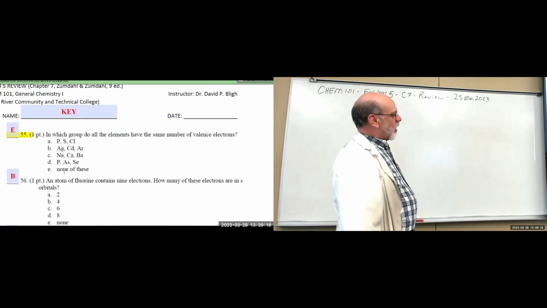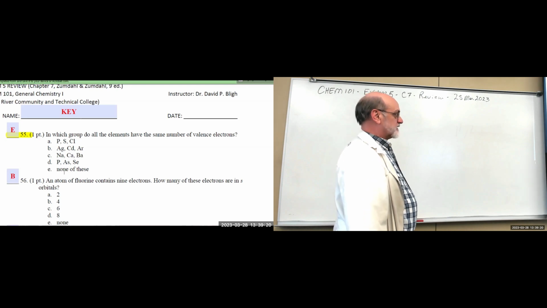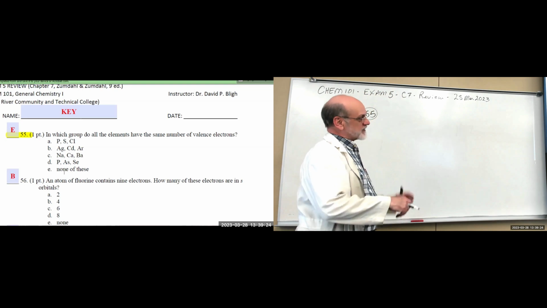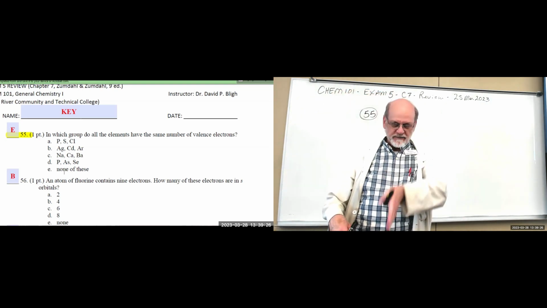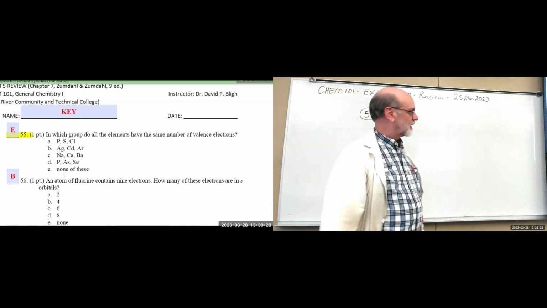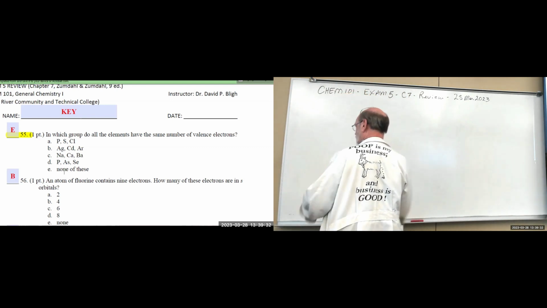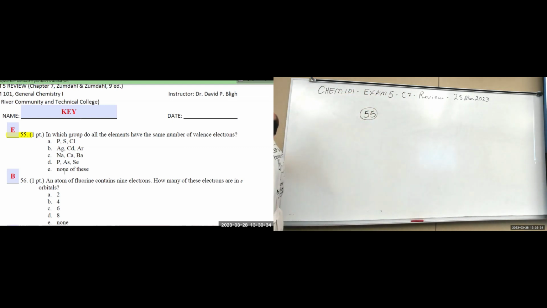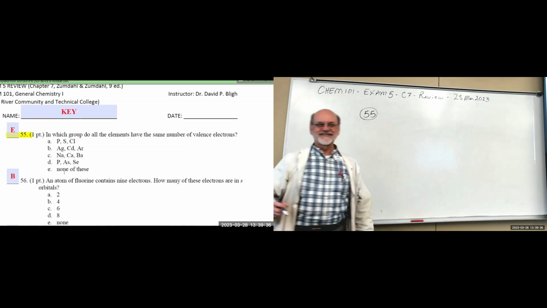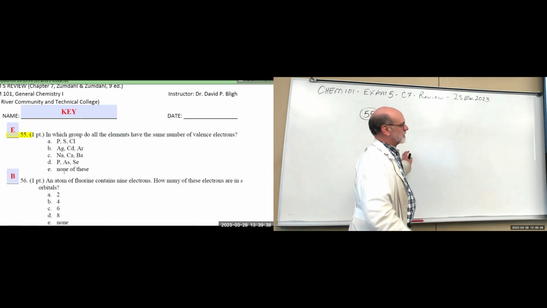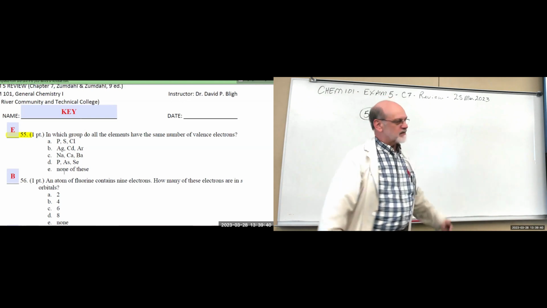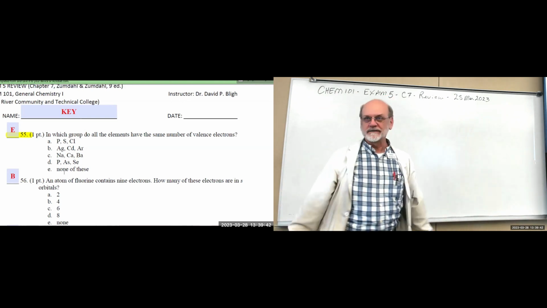In which group do all the elements have the same number of valence electrons? Okay. So if they have the same number of valence electrons, they ought to be in the same family, right? So phosphorus, sulfur, chlorine. No, they're neighbors. Wrong direction, right? So A's false. Silver, cadmium, argon. Well, argon.